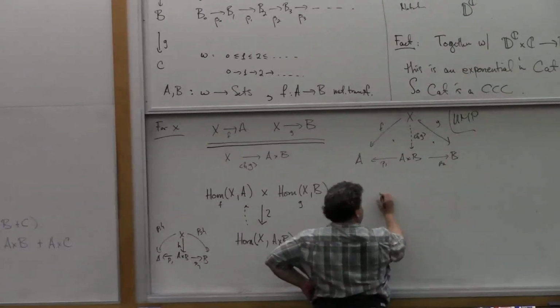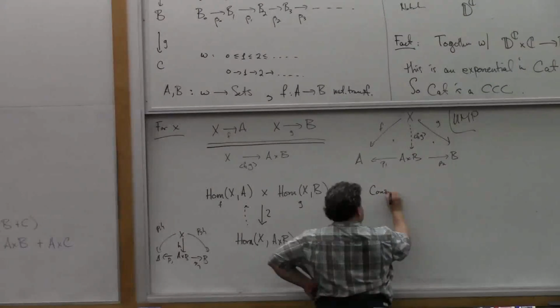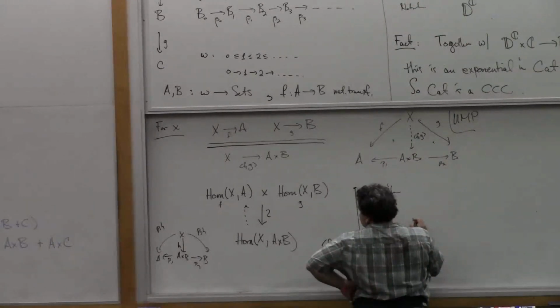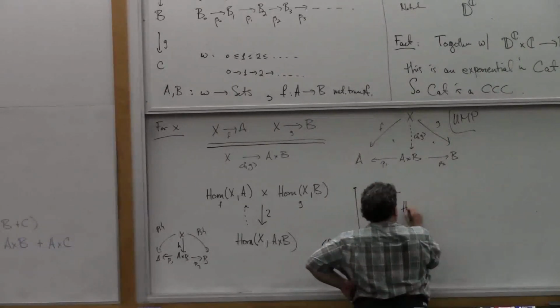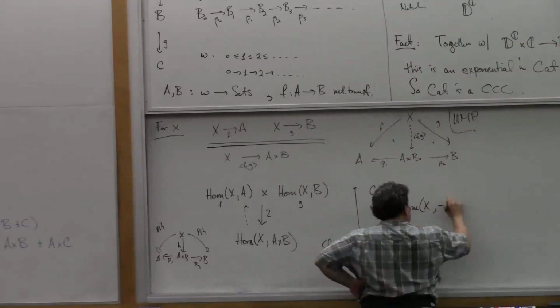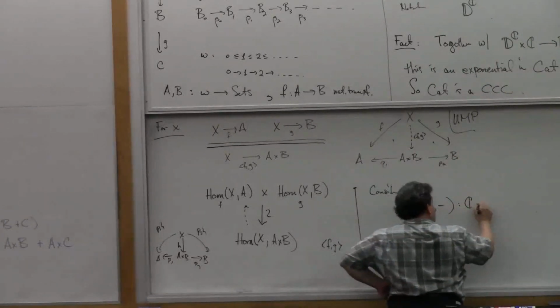So let's consider this representable functor here, Hom(X, -), from C into sets.